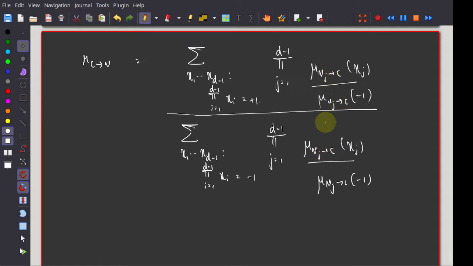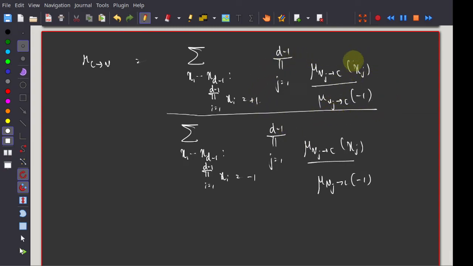I can't really multiply and divide by mu_{Vj to C} of x_j, and that is because the configurations that I'm taking in the numerator could be different from the configurations I'm taking in the denominator. So I'll multiply and divide by mu_{Vj to C} of minus 1, product over all j. Now let's think about each of these terms.